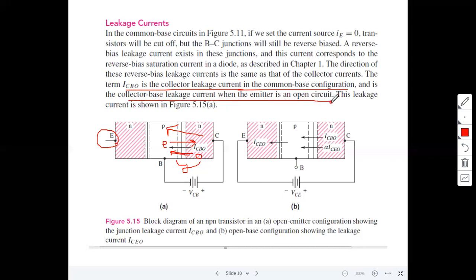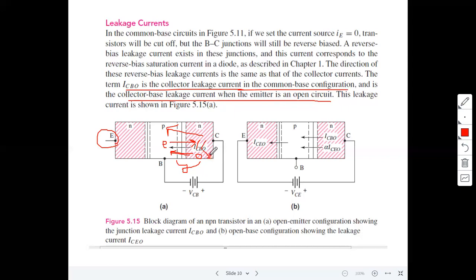Here the first letter C indicates collector, the second letter B indicates base, and the third letter O indicates open.